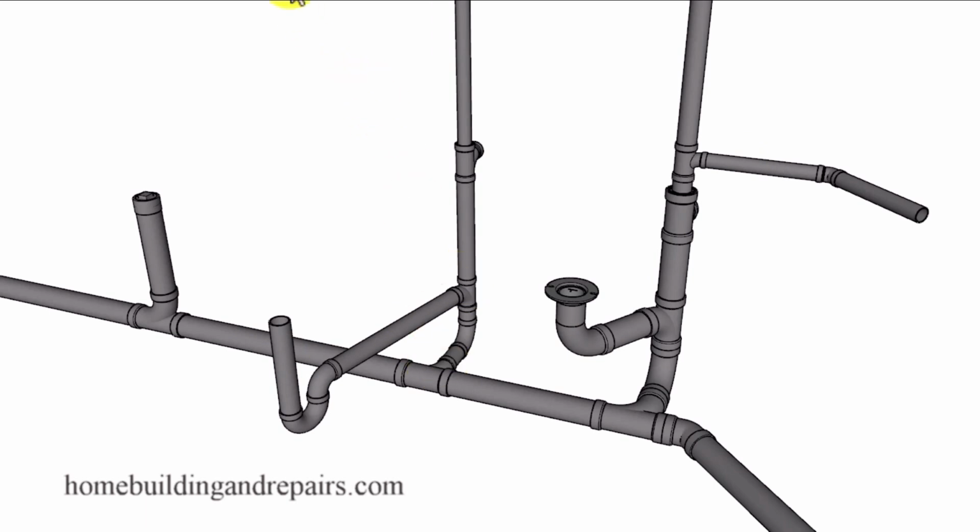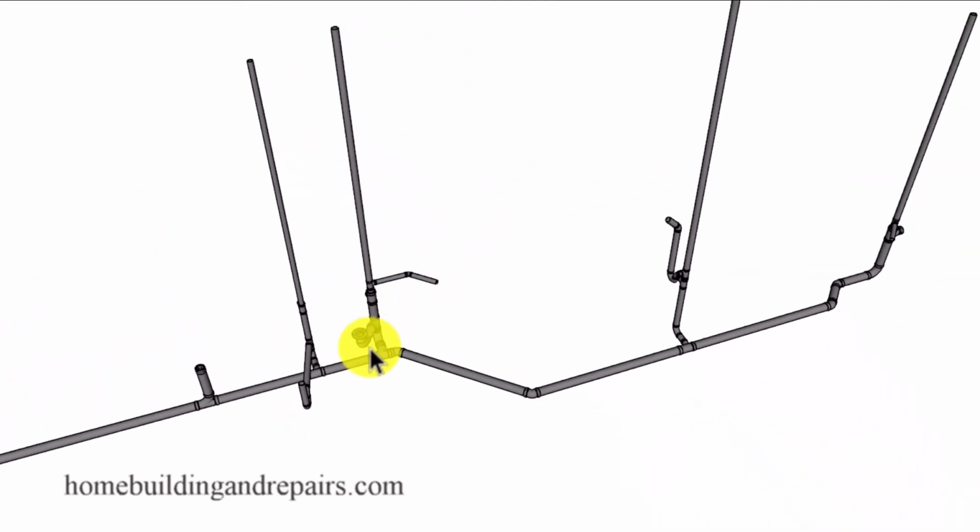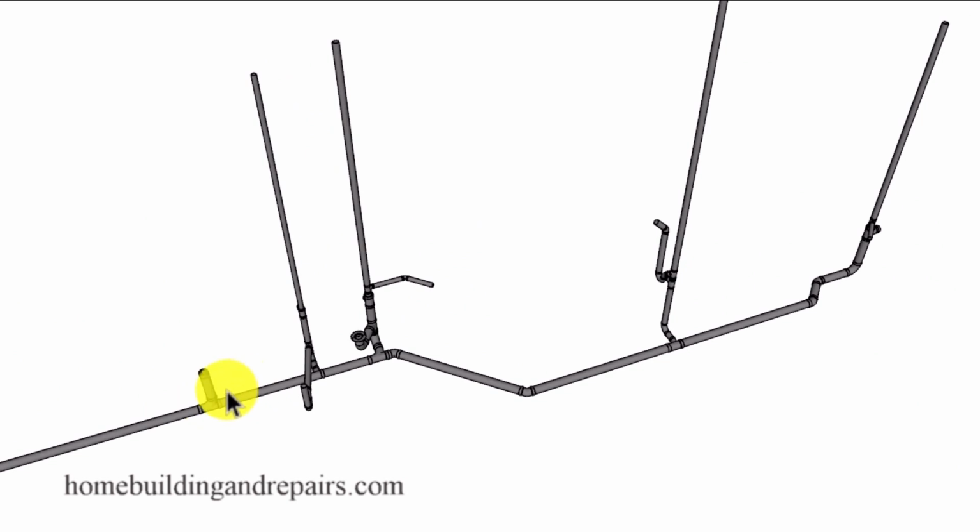And if the clog's a little farther down the line, anywhere located here, or going towards the sewer, then there's a good chance you don't need to worry about cleaning out this section here. If all of the drain lines in your house are clogged or not draining properly, then there's a good chance the clog is going to be located somewhere further down the drain line.